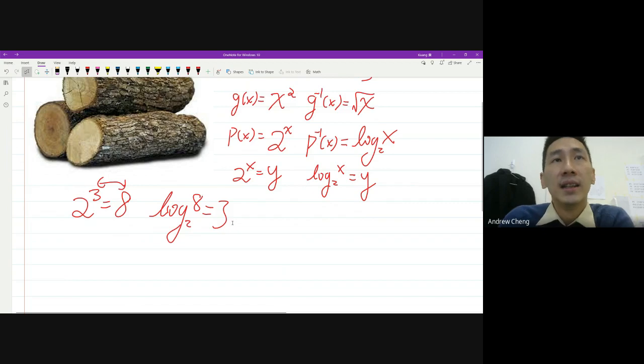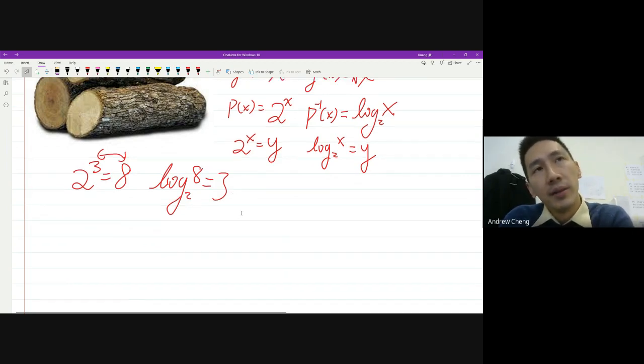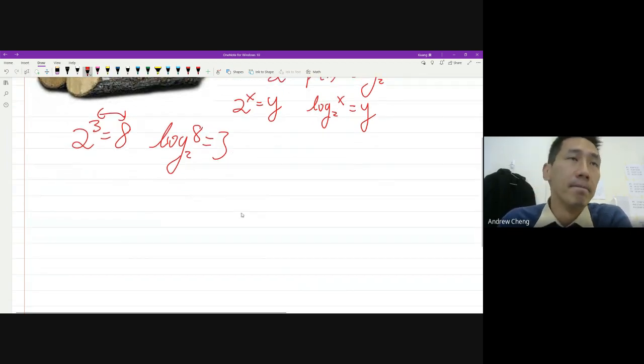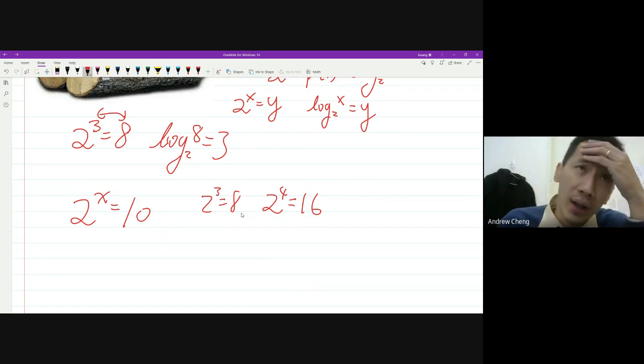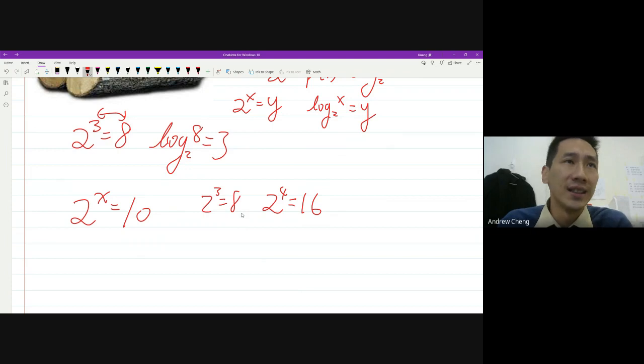So with log, we can solve some problems. Like, let's say 2 to the power x equals 10. We know 2 cubed is 8, and 2 to the power 4 is 16. Because 10 is between 8 and 16, my x should be between 3 and 4, but we don't know exactly what x is.